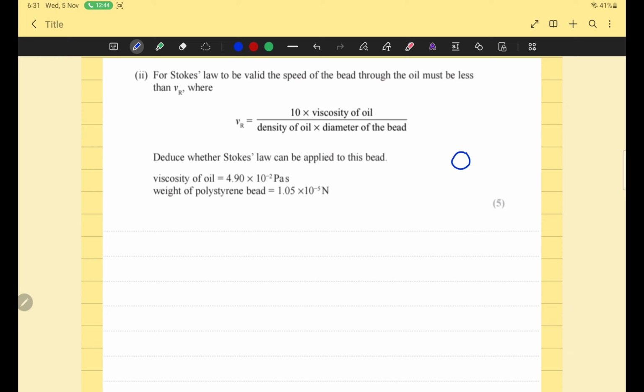You know the bead is moving upward. Upthrust acts upward, and weight and drag act downward. So first we are calculating speed of bead. You can write a heading.